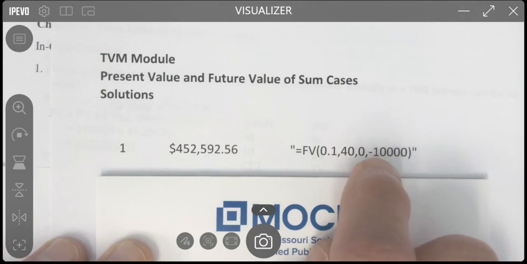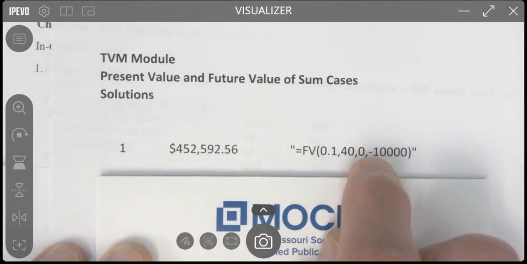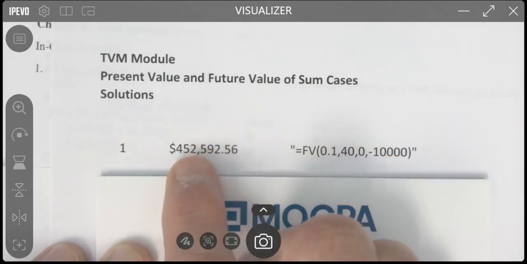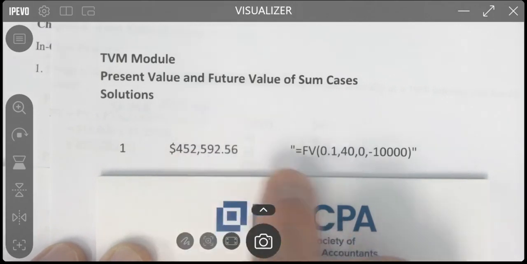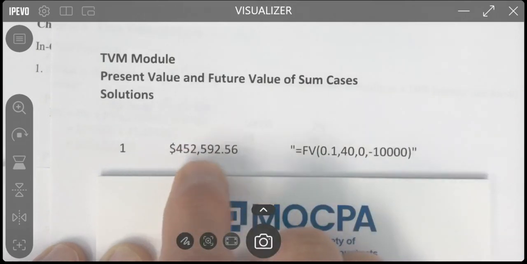The present value is negative 10,000 today, a $10,000 outflow. Don't worry too much about the negative. If you put in positive, it would just return this as a negative, but you know what it means. That 10,000 will grow to be 452,592.56.